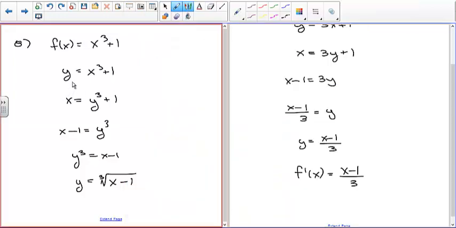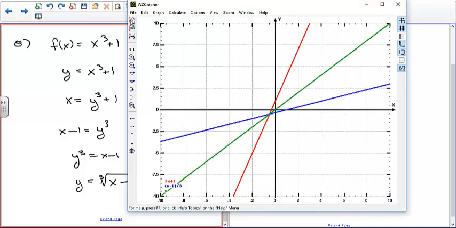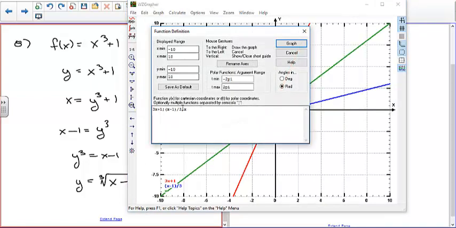Next problem, number 8. So we have the function x cubed plus 1, and we have the cube root, so we're going to show that as x minus 1 to the 1/3 power.